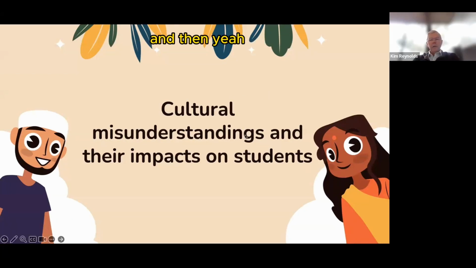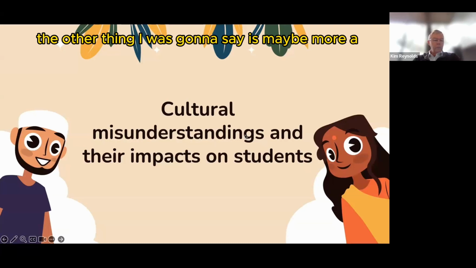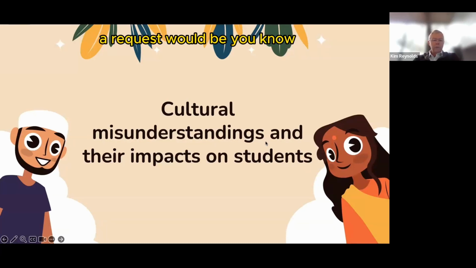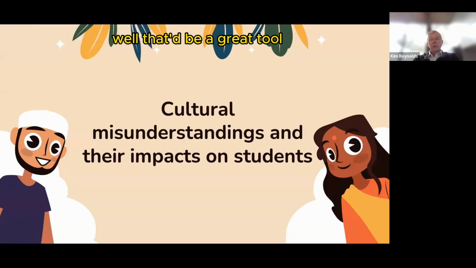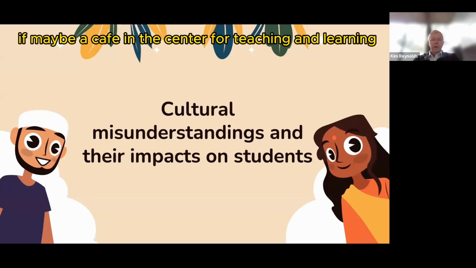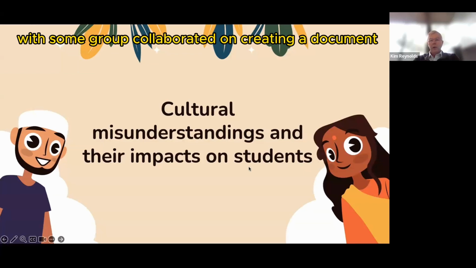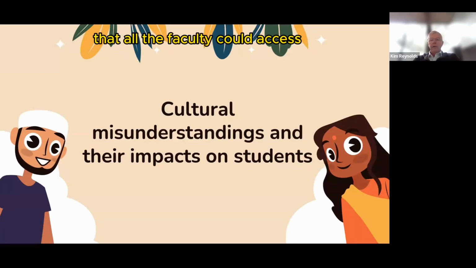And then the other thing I was going to say is maybe more of a request. If there is a consistent set of these social rules, boy, that would be a great tool if maybe Cafe and the Center for Teaching and Learning or some group collaborated on creating a document that all the faculty could access.